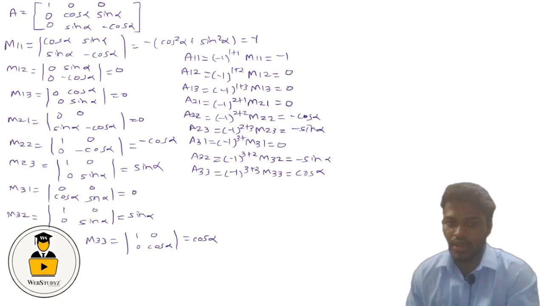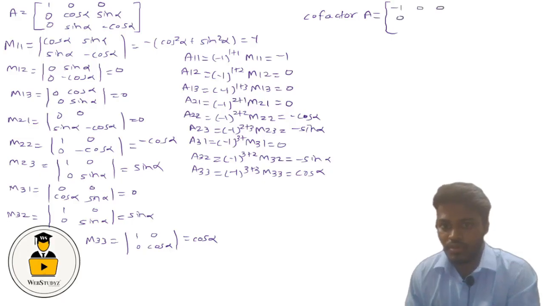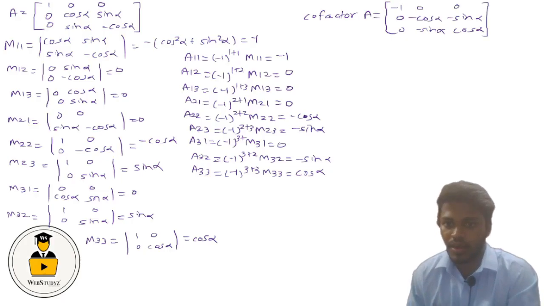So we have calculated the elements of the cofactor matrix. Our cofactor matrix comes out to be minus 1 0 0, then 0 minus cos alpha minus sine alpha, then 0 minus sine alpha and cos alpha. So this is our cofactor matrix.